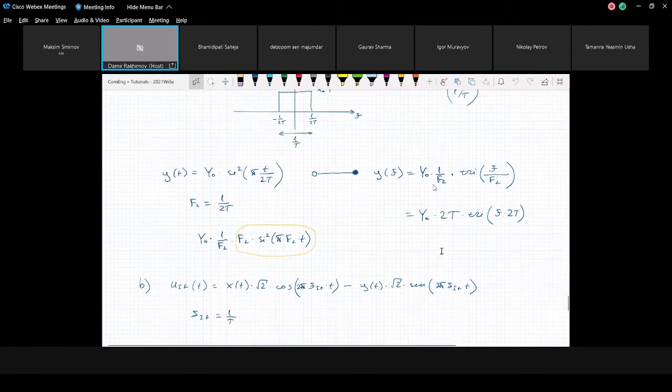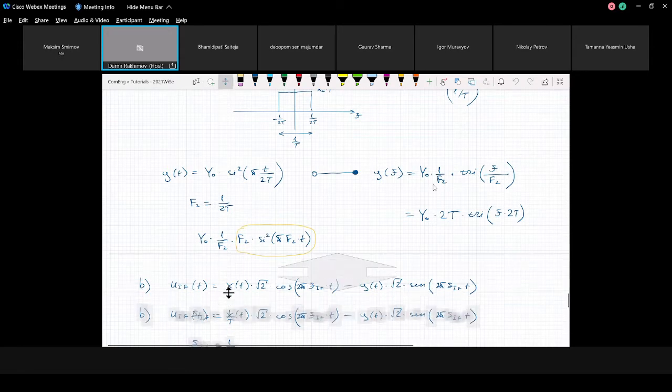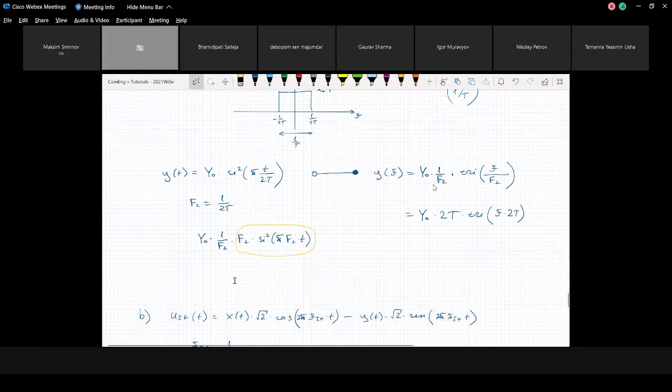And maybe we can also make a picture of this signal, because we made it last time. So as a result, we had to get something like a triangular shaped function.